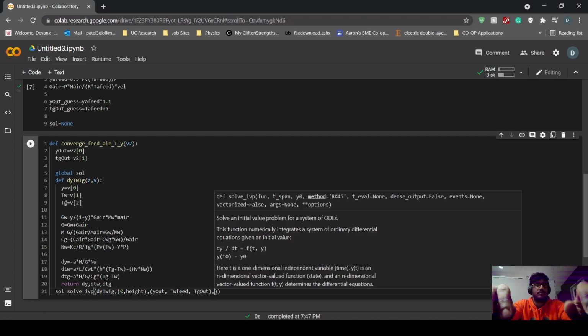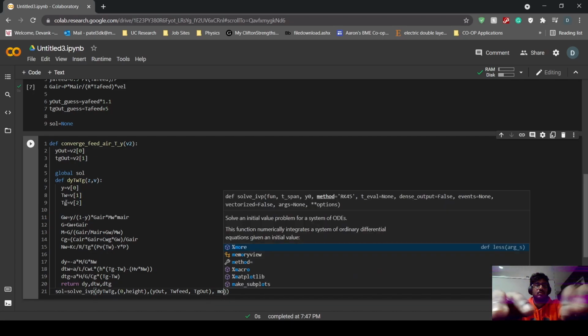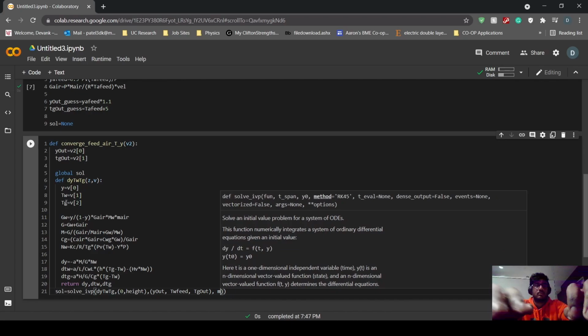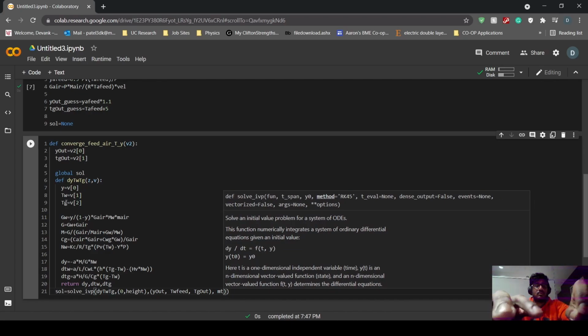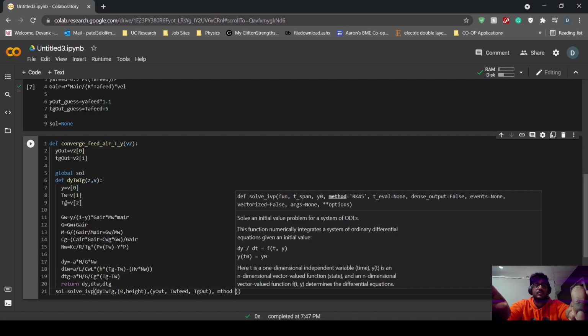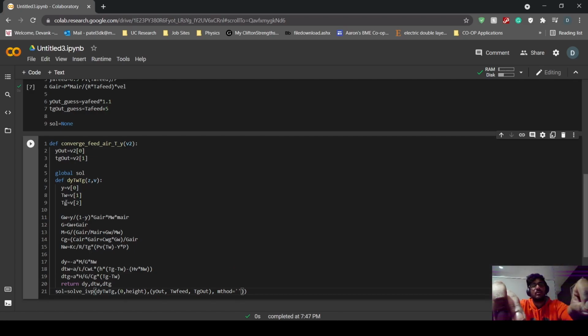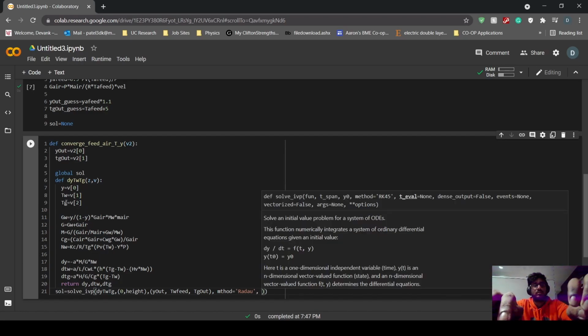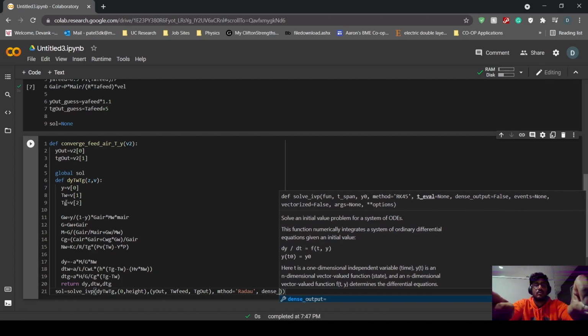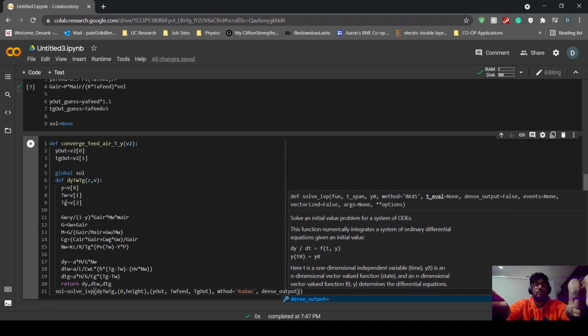And then we're going to use the method, which is going to be equal to none other than Radau. And we're going to say our dense output equals true.